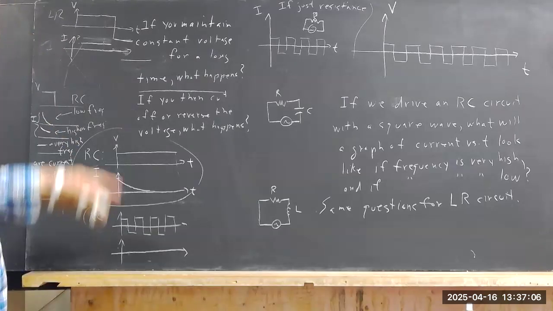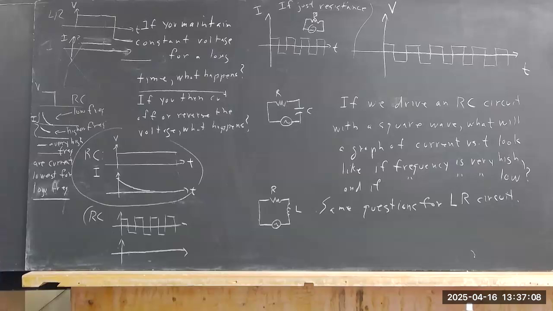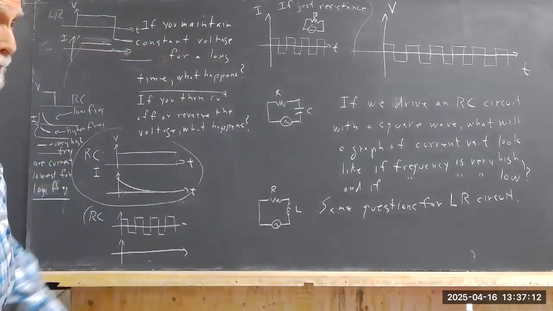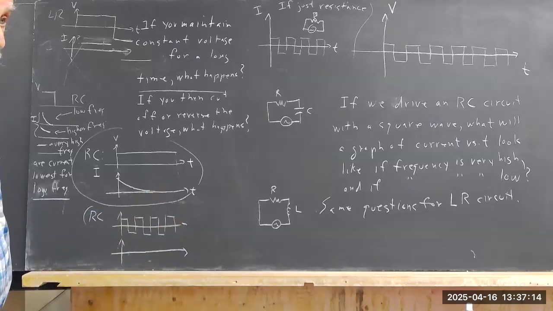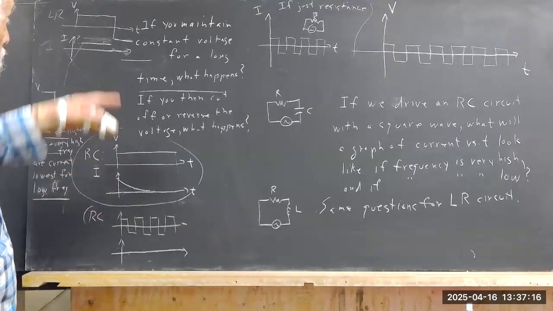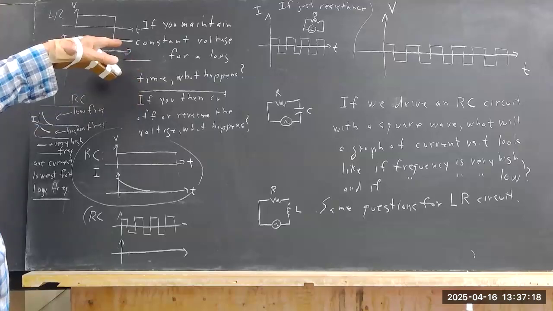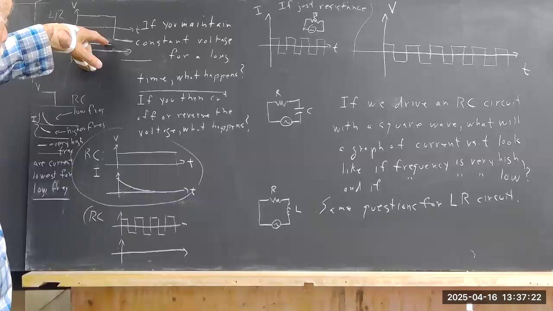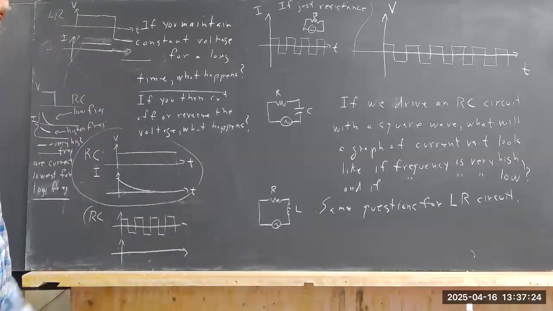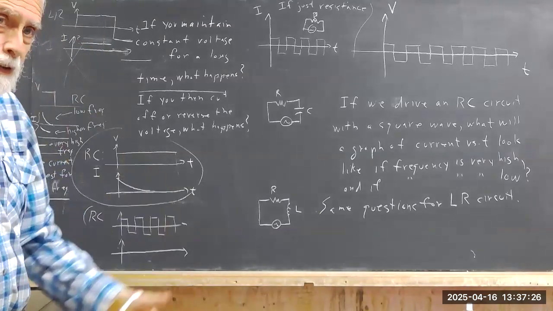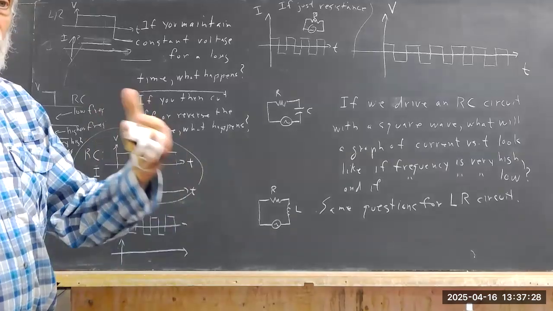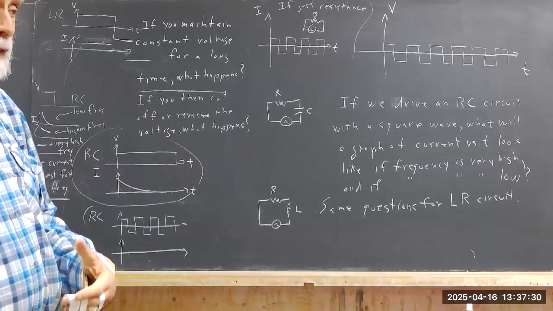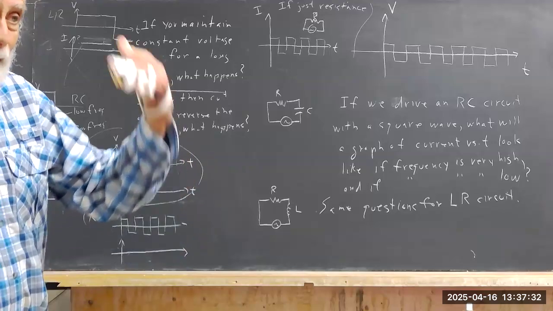Now we reverse the voltage. What's going to happen? Well, after a long time, whatever long time happens to be, the current will be whatever this voltage dictates. But it can't go from here to here instantly, because that would involve an instantaneous change in flux, which would involve an infinite EMF.